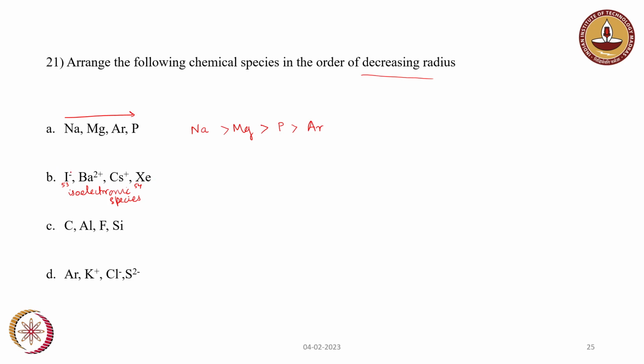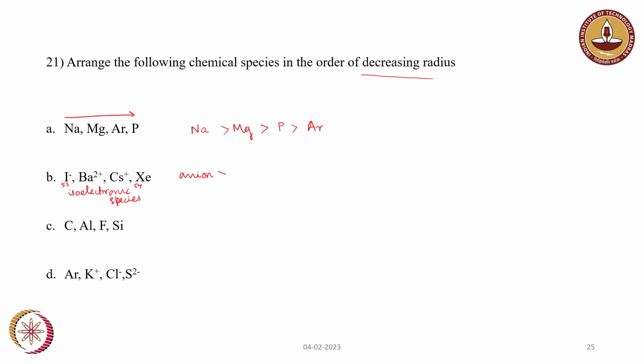Then iodine is given as iodide, which is having a negative charge, and then barium as barium 2 plus, cesium as cesium plus. So in a group of isoelectronic species, it's always seen that the anion will be having higher radius.